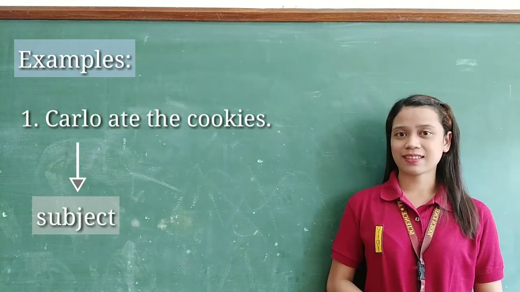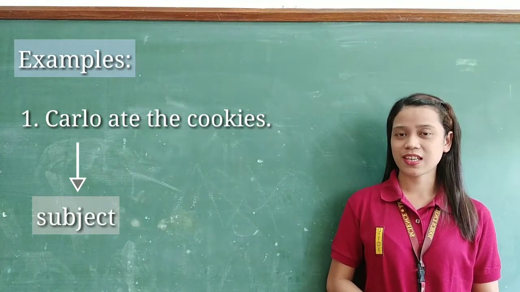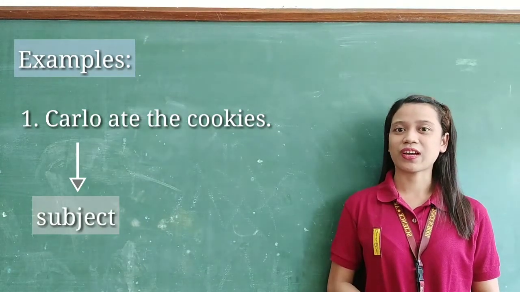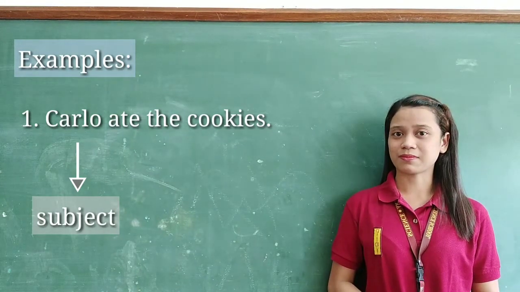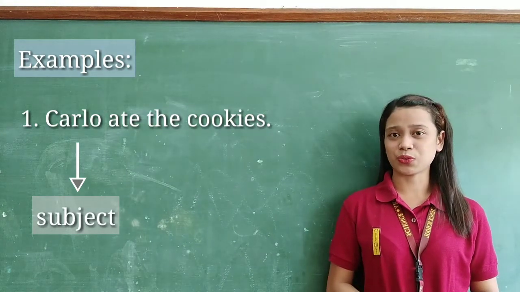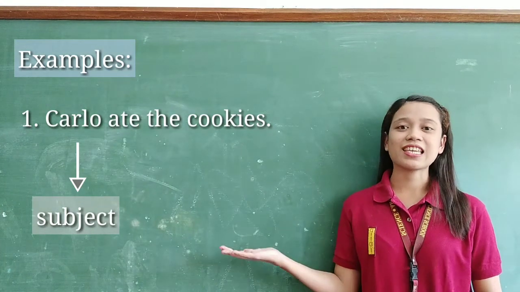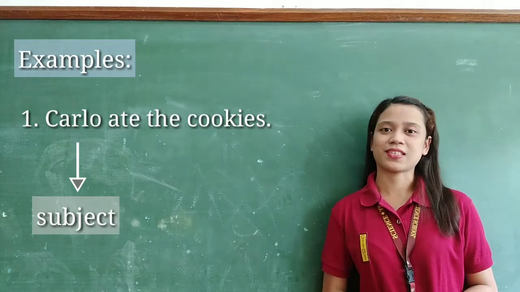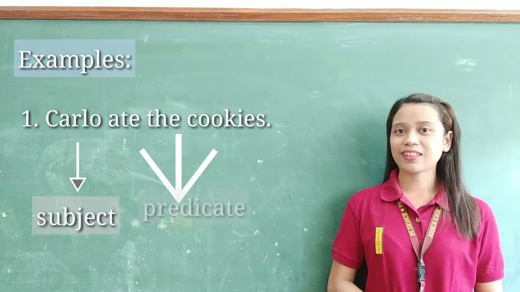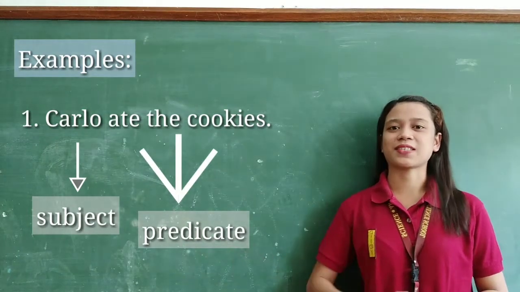The predicate tells what the subject is or does, and it expresses an action or a state of being. So, what does Carlo do? Of course, he ate the cookies. So, the predicate in this sentence will be ate the cookies. Carlo ate the cookies.